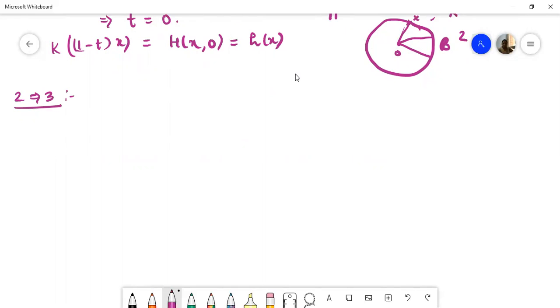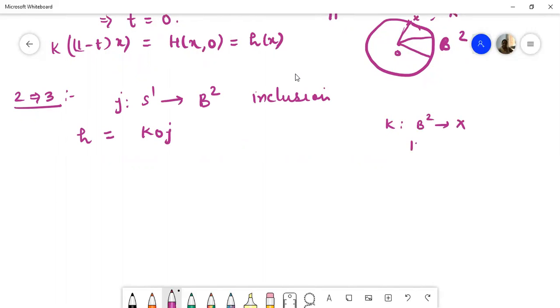So in this case we assume j from S1 to B2 is the inclusion map. Then h is basically equal to the composition map k circle j, because k is a mapping from B2 to X, which is equal to h when it is restricted to S1.